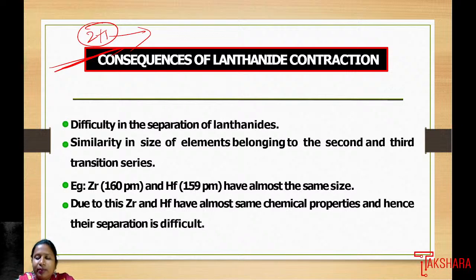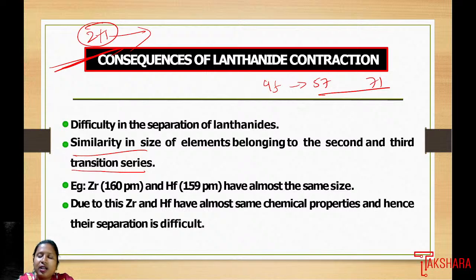Similarity in size of elements belonging to the second and third transition series. So the 4f series is starting from 57 to 71. So here, there is similarity in size of the elements belonging to the second and third transition series, as a consequence of lanthanide contraction. Then see the example: zirconium 160 picometer and hafnium 159 picometer have almost the same size.